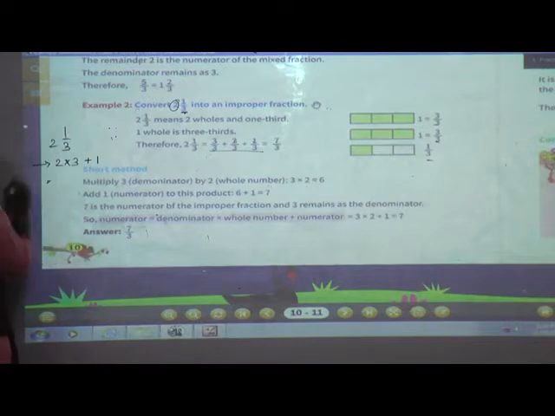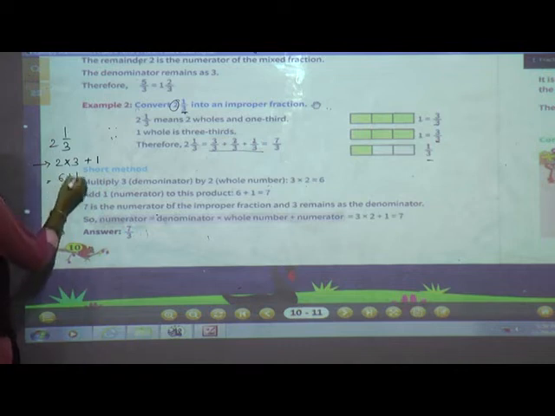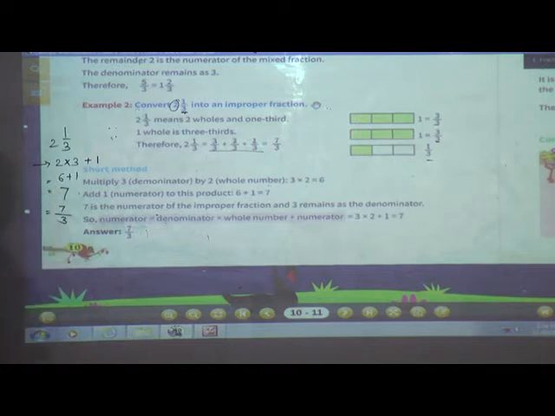So 2 threes are 6, 6 plus 1 is 7, and write the denominator as it is: 7 upon 3. 7 is the numerator of the improper fraction and 3 remains the same as the denominator.